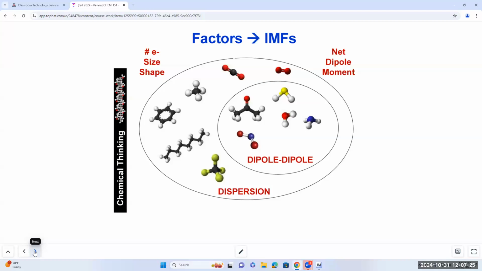And on top of being polar, if you have hydrogen covalently bonded to nitrogen, oxygen, or fluorine in that polar molecule, like these 2 guys over here, on top of dispersion and dipole-dipole, they will have hydrogen bonding forces as well. So this slide summarizes all the possible intermolecular forces.